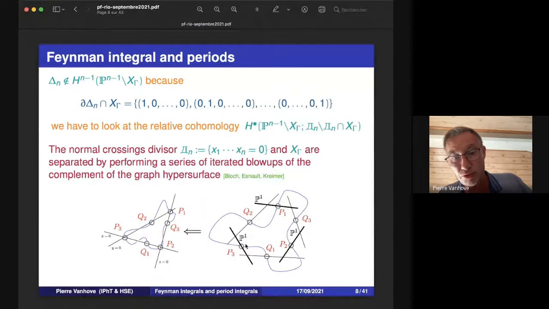So to follow their procedure, you put in some little P1, so that you can well define your integral as avoiding the singularities, and then you want to go back to that situation. So all this process, with the strict transform, etc., you know what you have to do, but it's not trivial to do.